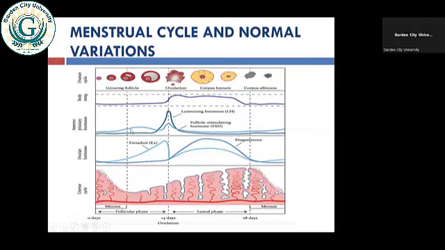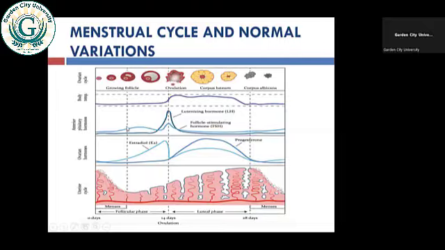The ovarian cycle, we have the ovaries growing and the growing follicles. And as this is taking place, the body temperature is at a low level. The anterior pituitary hormones are at a lower level, ovarian hormones at a low level, and then under the uterine cycle, we have the follicular phase and then the menses.